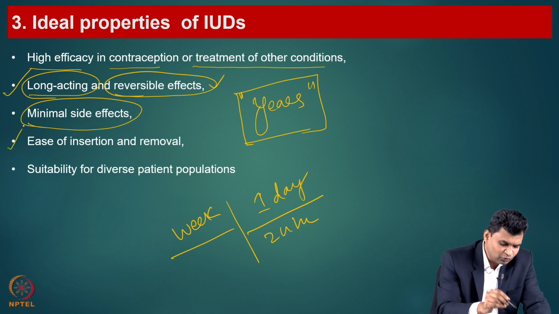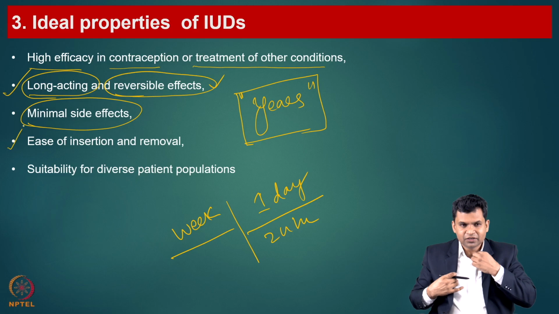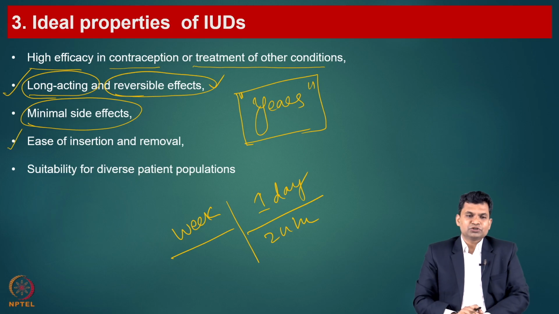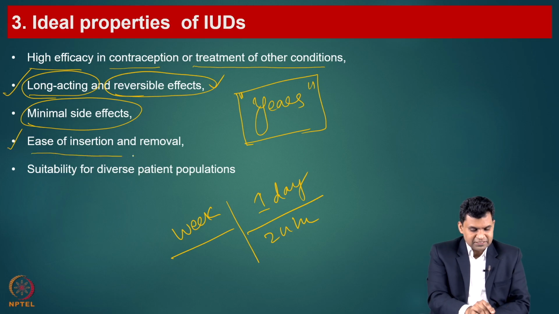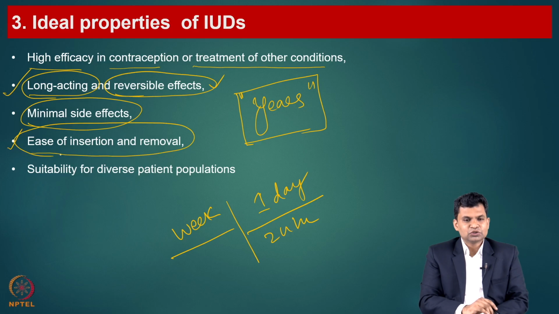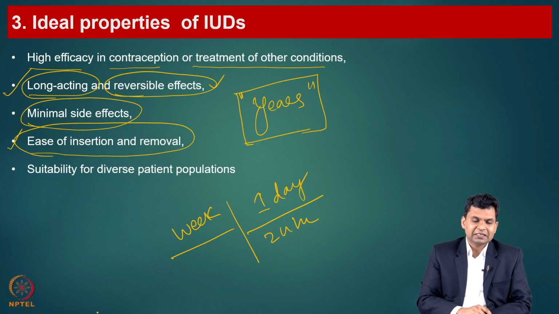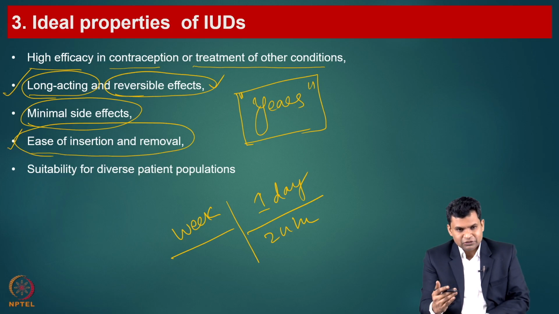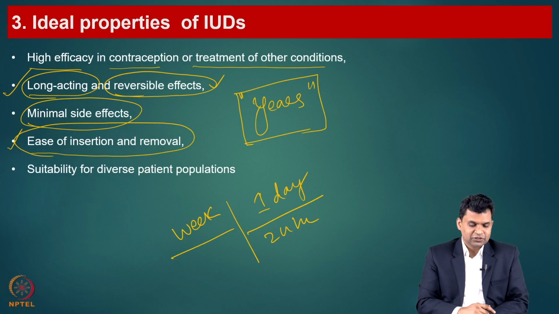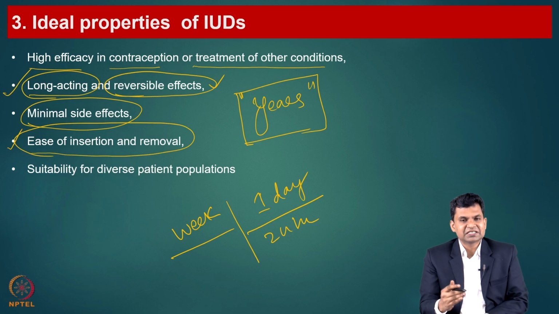Now, one more interesting point: your intrauterine device should have ease of insertion and ease of removal. If we meet this requirement, patients can easily use it. So, ease of insertion and removal is very important.